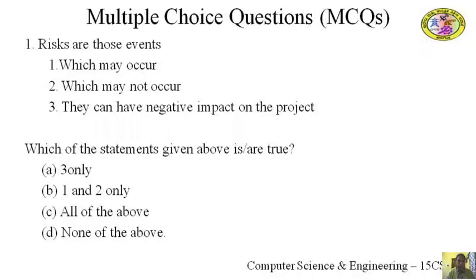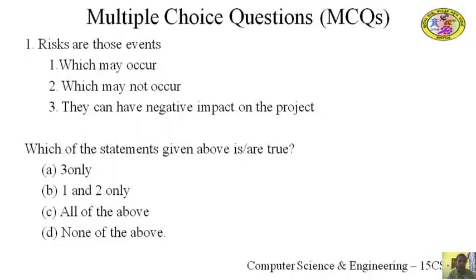Now let us try to answer a few of the multiple choice questions. First one is, risks are those events, number 1, which may occur, 2, which may not occur, 3, they can have negative impact on the project.